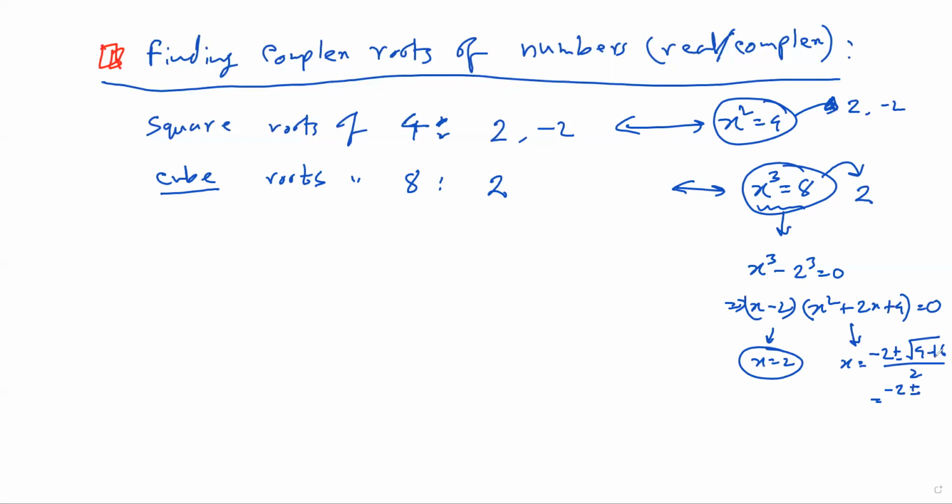Considering root of -4 as 2i, we can write 2 root 3 i by 2. So we got three solutions: 2, and -2 plus or minus root 3 i by 2, which can be further simplified to -1 plus or minus root 3 i. Two of those three solutions are here, and the remaining one is the one we already found at the beginning of our discussion.